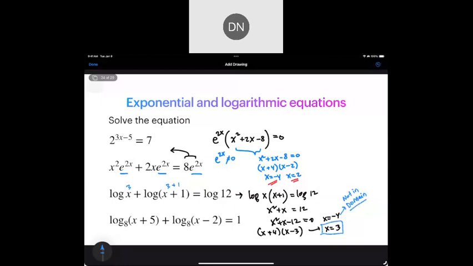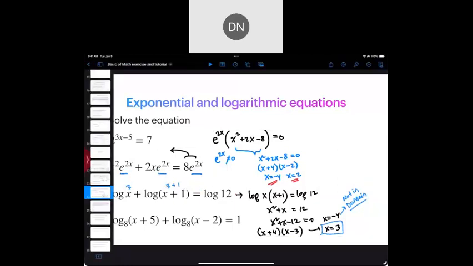Okay. Let's start number 4. I will duplicate again, and I will erase this part.